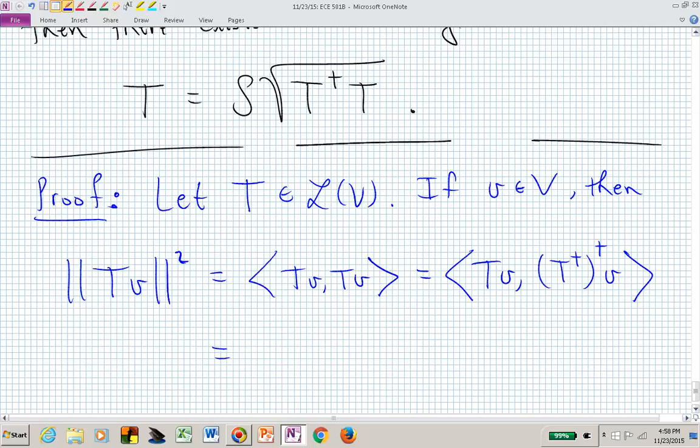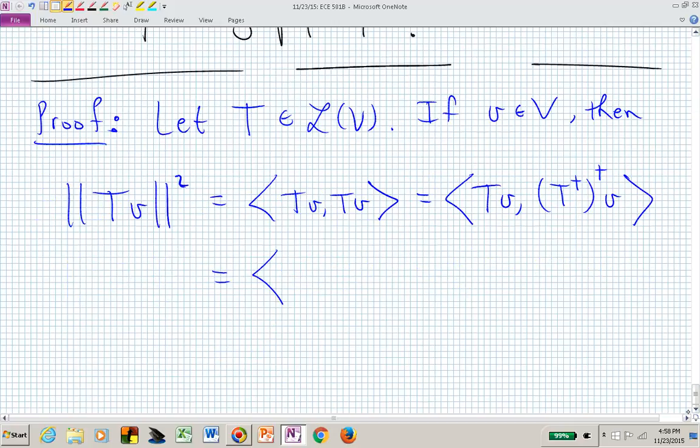Now, if we use the adjoint definition, we can slide that operator in the second slot into the first slot. What's it going to look like if we do that? How can I rewrite that most recent inner product?